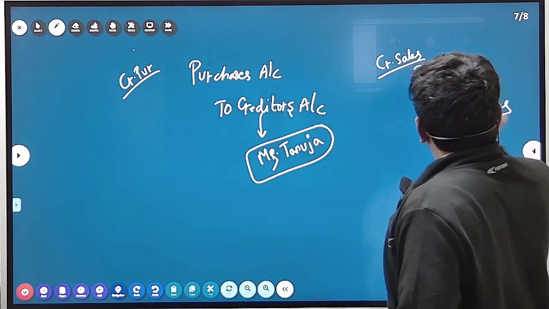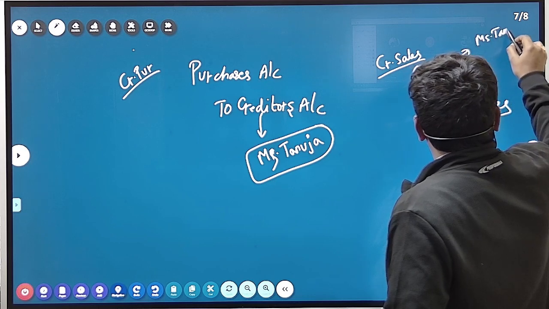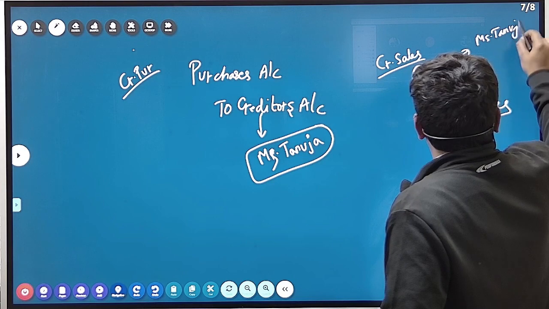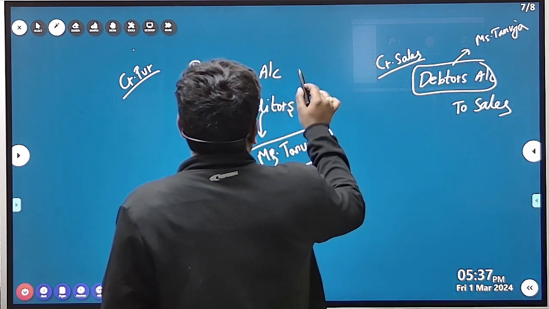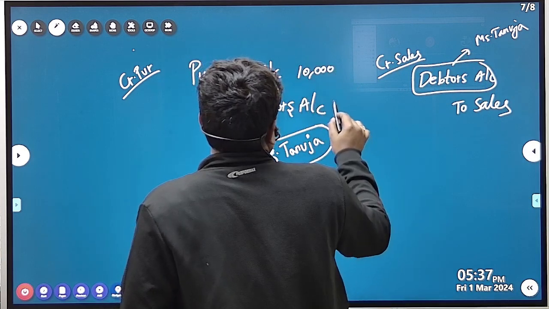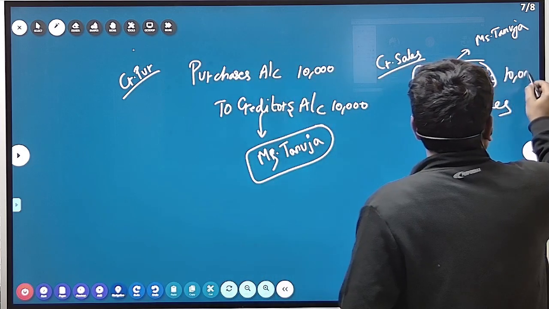This debtor is also Tanuja. Understood? Say for example, you have purchased 10,000. You have sold also 10,000.